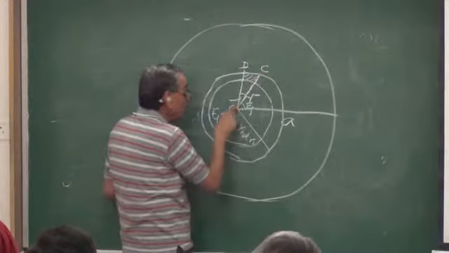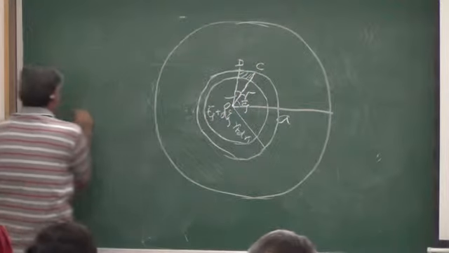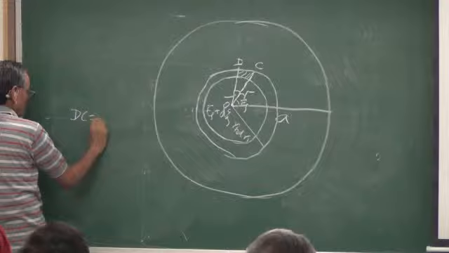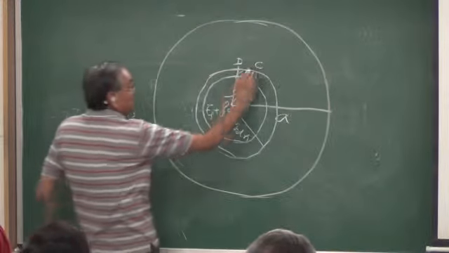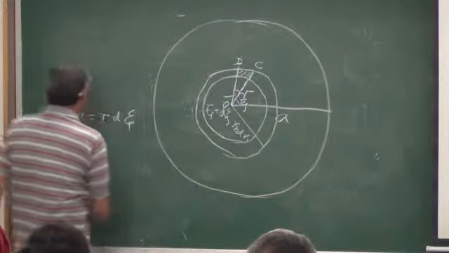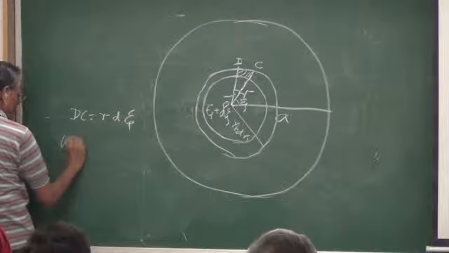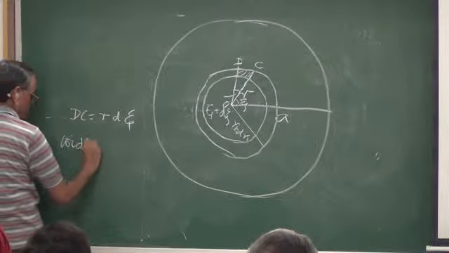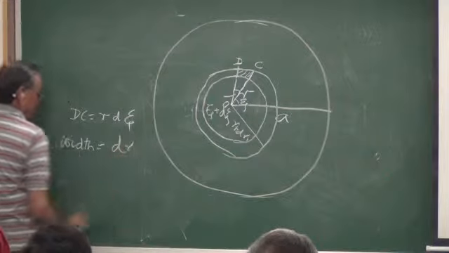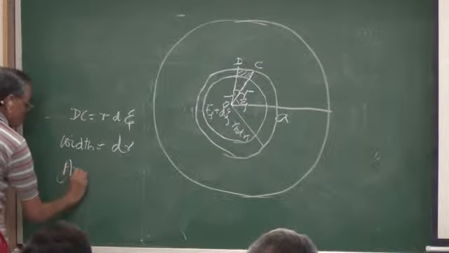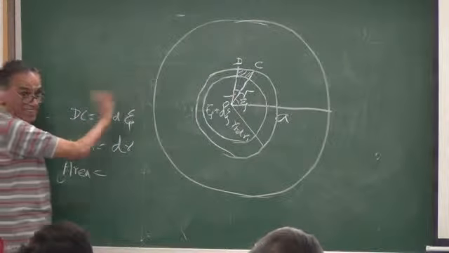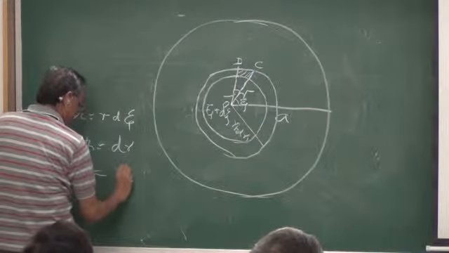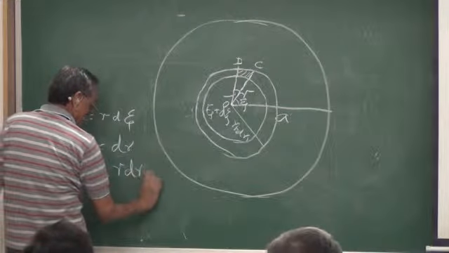BC will be equal to r d psi. And the width of the strip is dr. So the area of the strip is width into the length, that is r dr d psi.